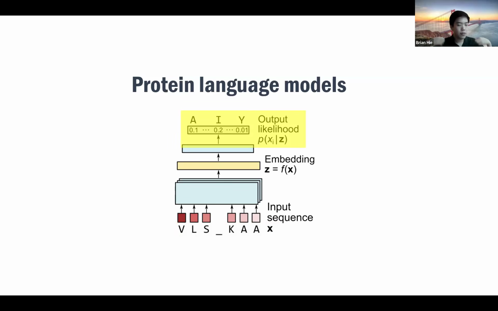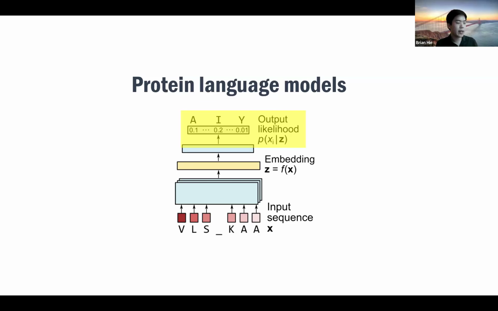And so if you force this model to do this kind of masked amino acid prediction task over hundreds of millions of sequences across all observed protein evolution, then you force this model to learn rules of how evolution has put amino acids together to form a protein sequence. And importantly, it's actually using that epistatic information. So it's using the value of some amino acids to predict the value of other amino acids.